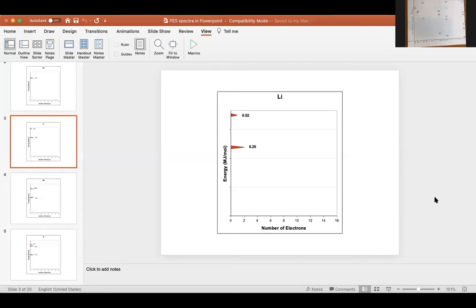Well, it seems like then there would be more electrons on the next one. So maybe the next one would be 3. Let's have a look. Here's lithium. Lithium has 2 peaks. One is at 0.52, and one is at 6.26.